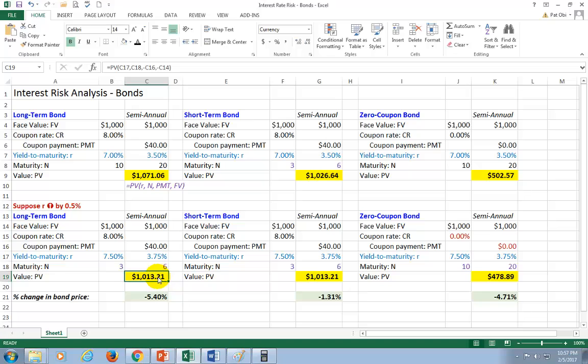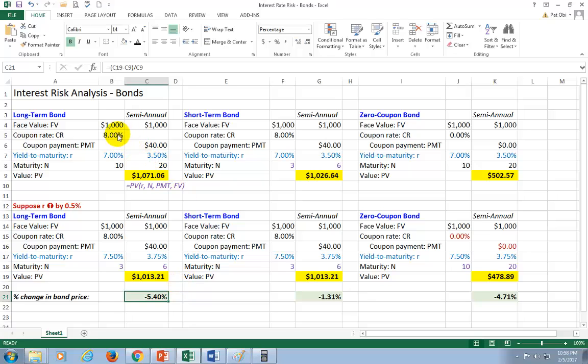But observe that 7 years from now, when this bond has 3 more years to go, the value of this bond would have declined by 5.4%. And of course, at any time that you liquidate this bond, if interest rates have increased above what they were when you purchased it, the value of the bond will go down for sure.